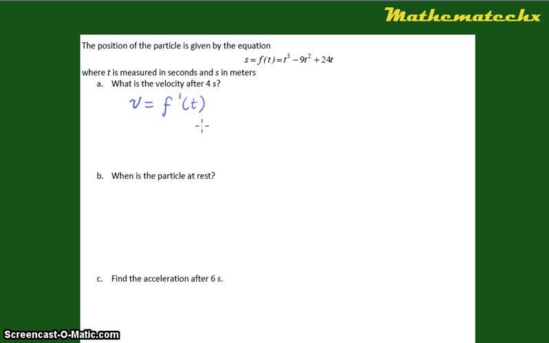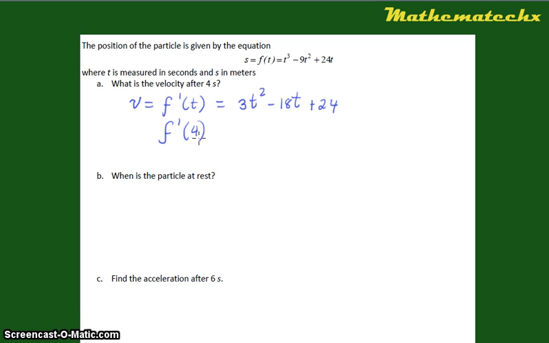If we want to get the velocity function, we simply get the derivative of the position function. By the use of the rules on differentiation, this should give you 3t squared minus 18t plus 24.